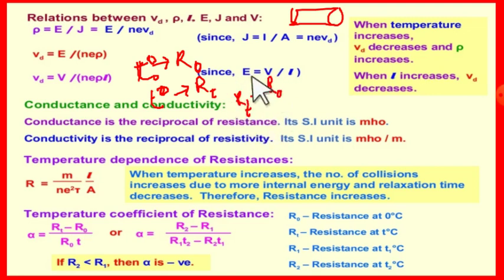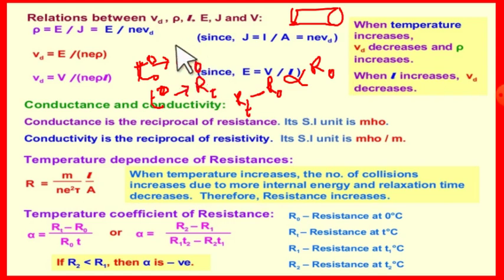So this increase in resistance is directly proportional to two parameters. What are those two parameters? It is directly proportional to the initial or original resistance, that is, the resistance before raising any of its temperature.